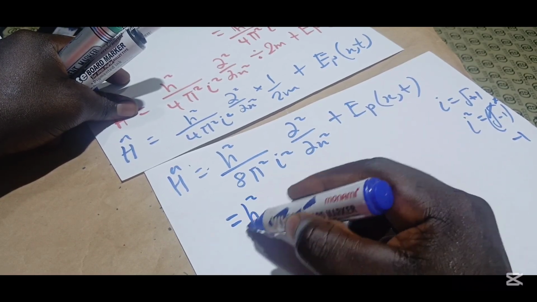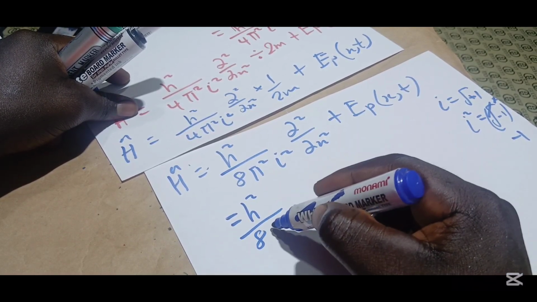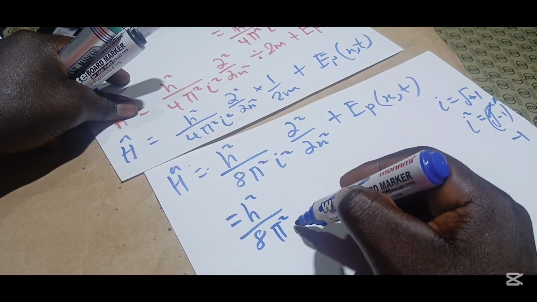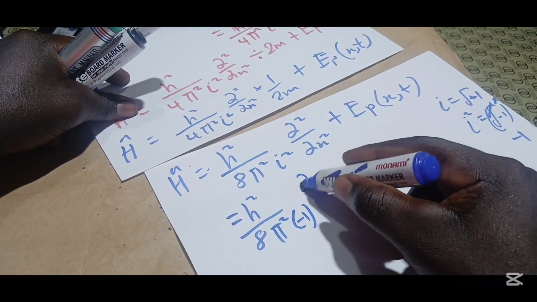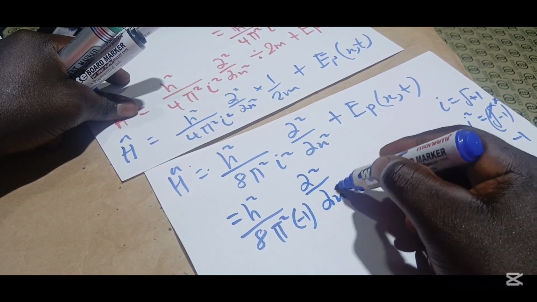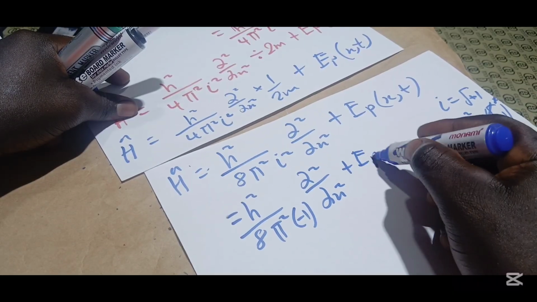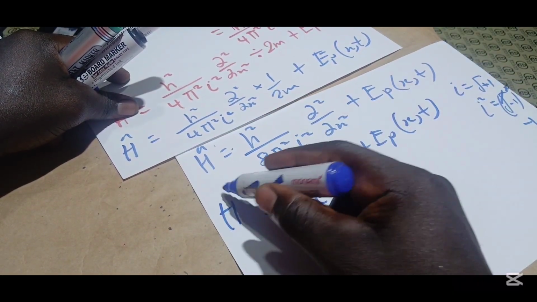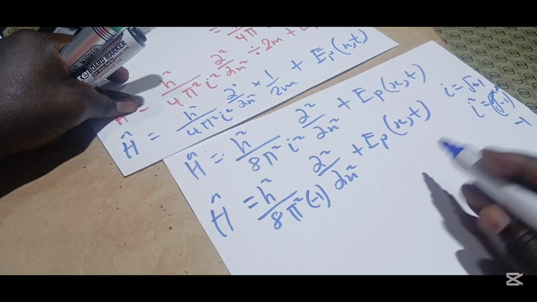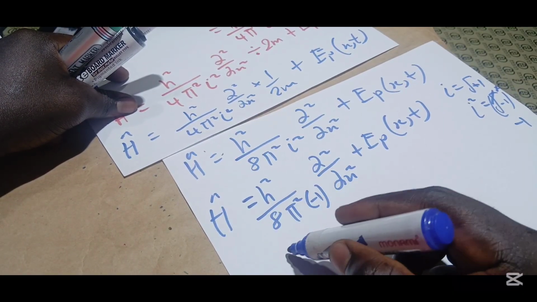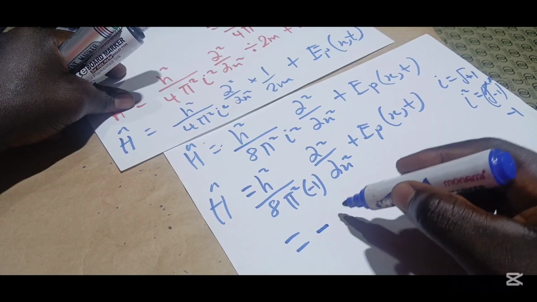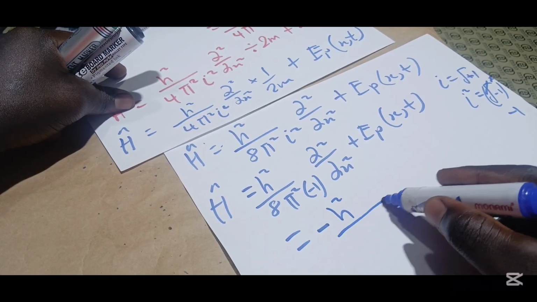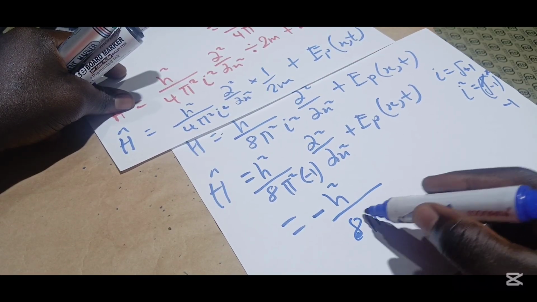So we have h squared over 8 pi squared multiplying by -1, d squared over dx squared, plus EP of x, t. Everything with -1 is just the same as writing minus h squared over 8 pi squared.